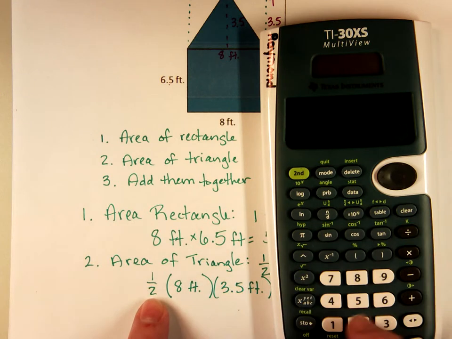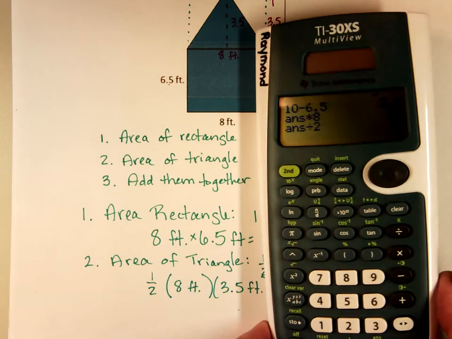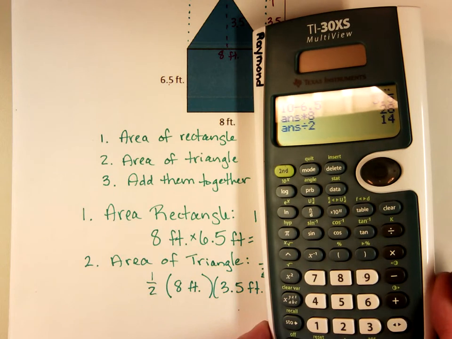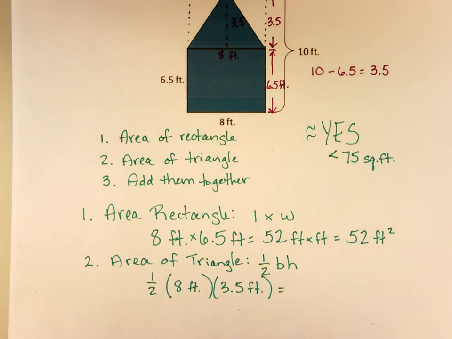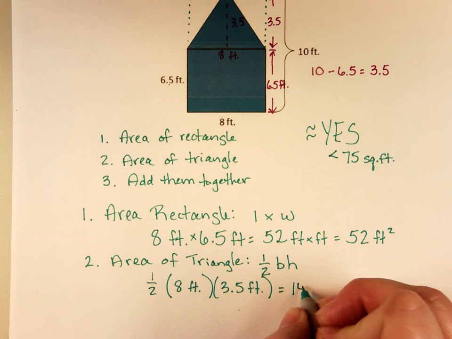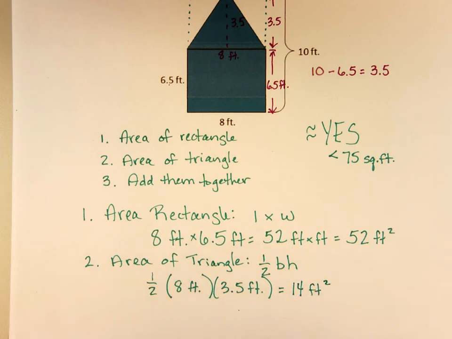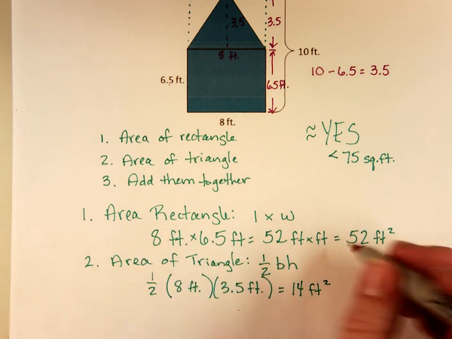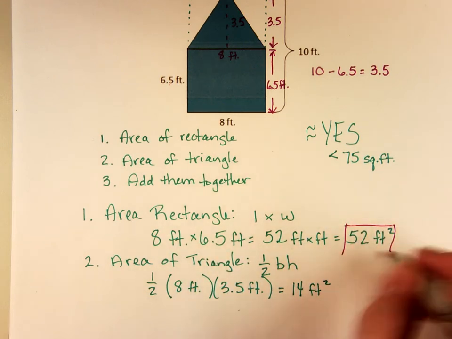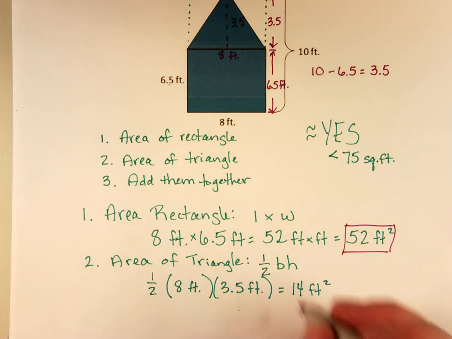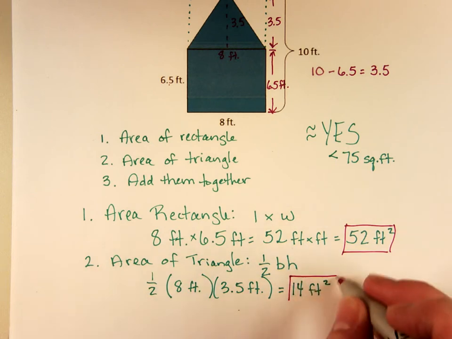Divided by 2, and you see it says 14. Feet times feet is feet squared. So now I have the area of the rectangle, which is 52 feet squared. Now I have the area of the triangle, which is 14 feet squared.